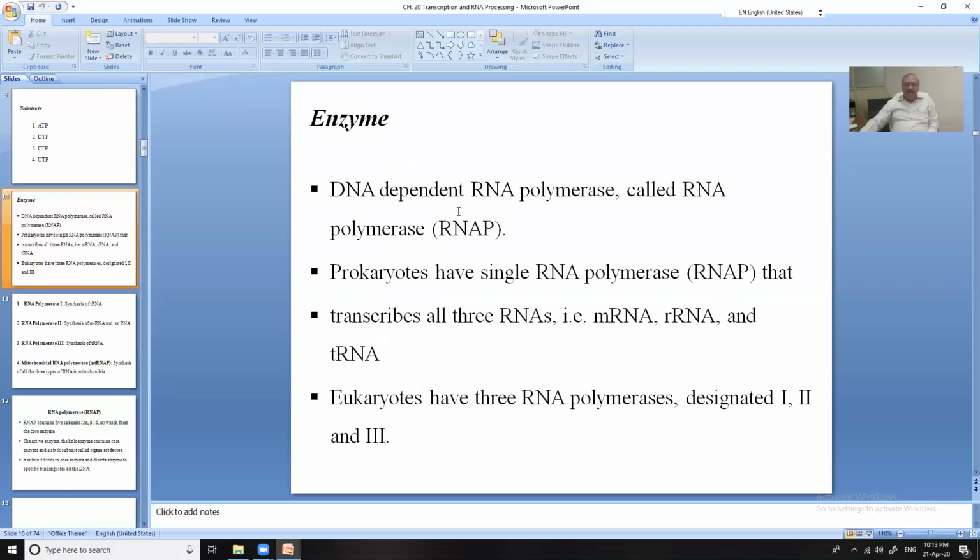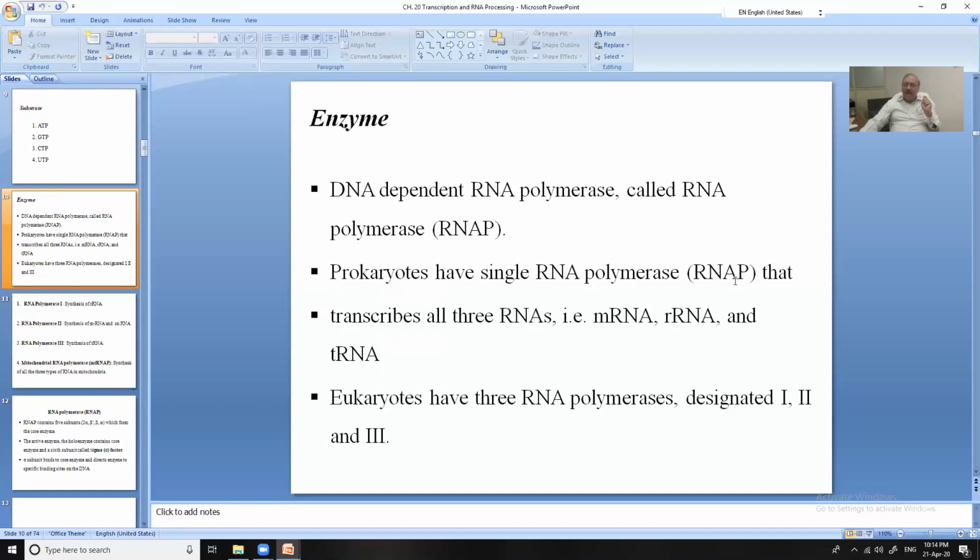The enzyme is DNA dependent RNA polymerase, called RNA polymerase. Why DNA dependent? Because it is taking DNA as the template. Prokaryotes have a single RNA polymerase that transcribes all 3 RNAs, that is messenger RNA, ribosomal RNA and transfer RNA.